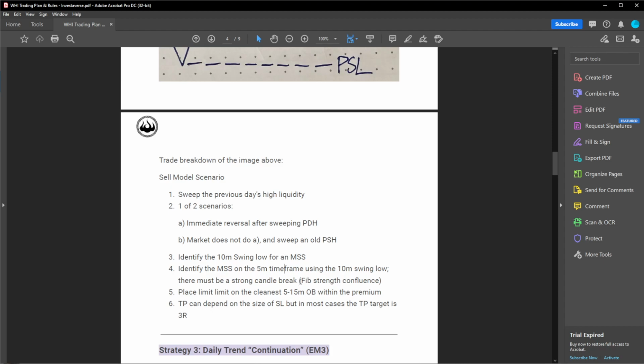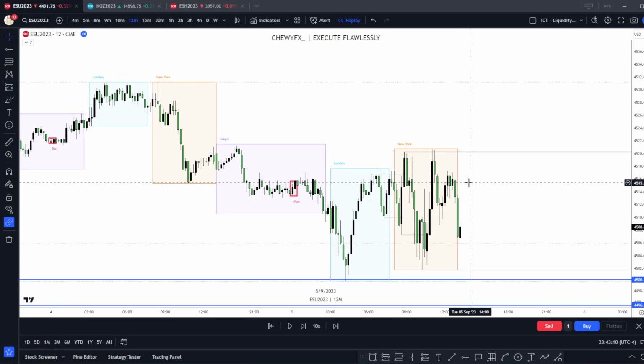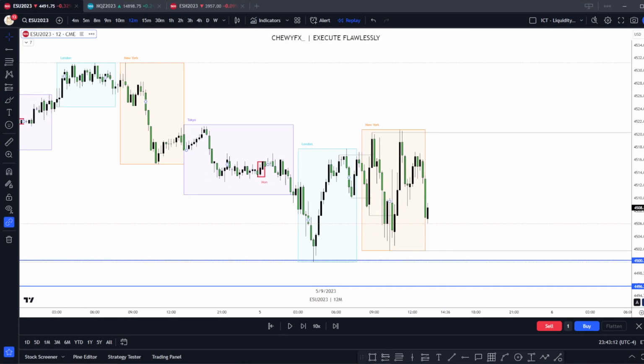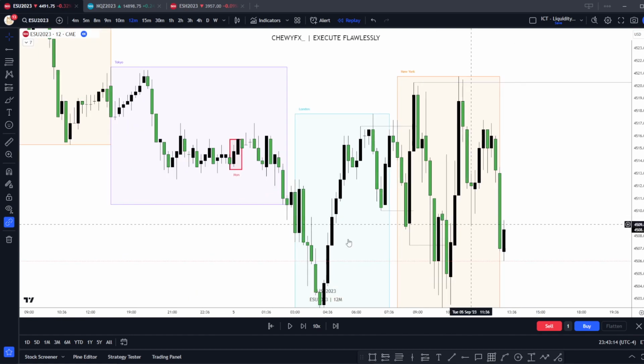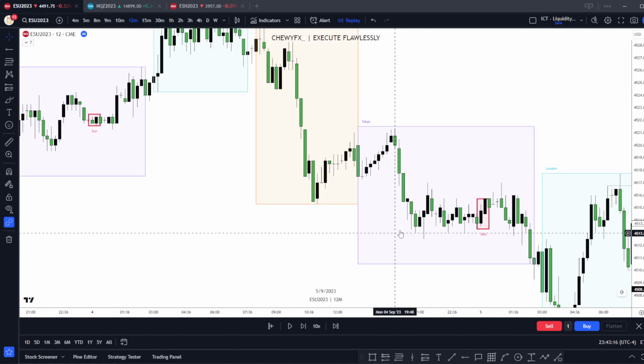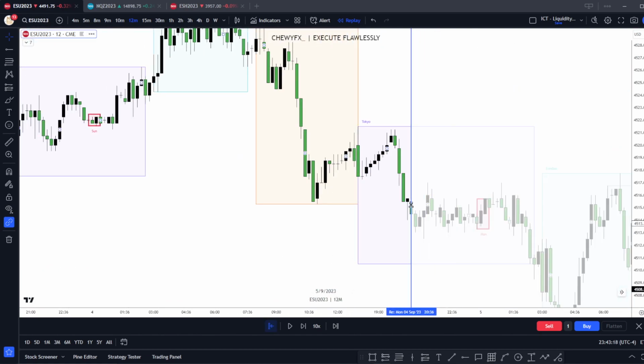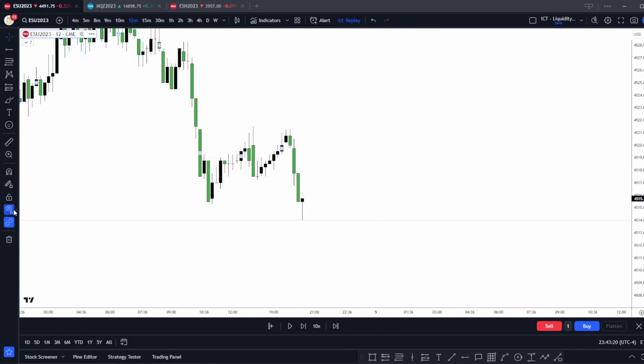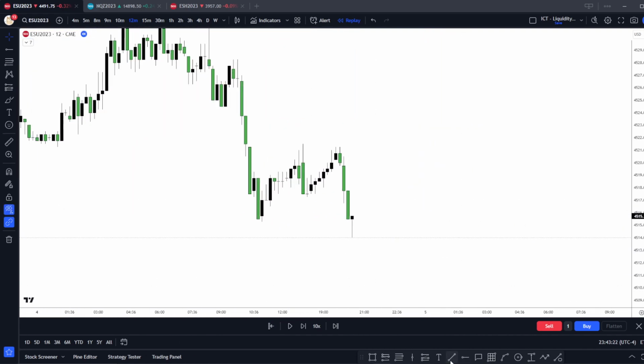So there also must be the strong candle body break, which, I mean, I don't really have anything drawn up here to show you, but let me see if I can find something really quickly. Okay, let's pretend I'm looking. I don't trade Tokyo. This is just purely educational. Okay, so let's pretend this is the 10-minute swing low that needs to get swept. Actually, let's look for a real 10-minute swing low.